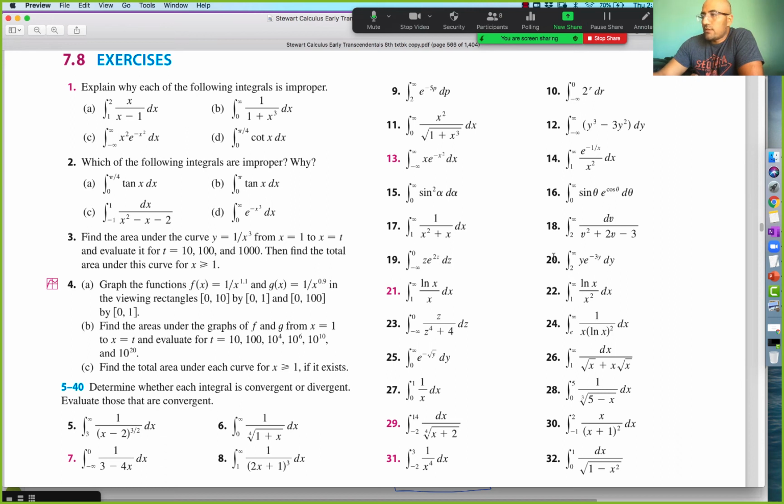Any suggestions? Any at all? How about 18? Seems like a nice one to try. Sure, let's try 18.